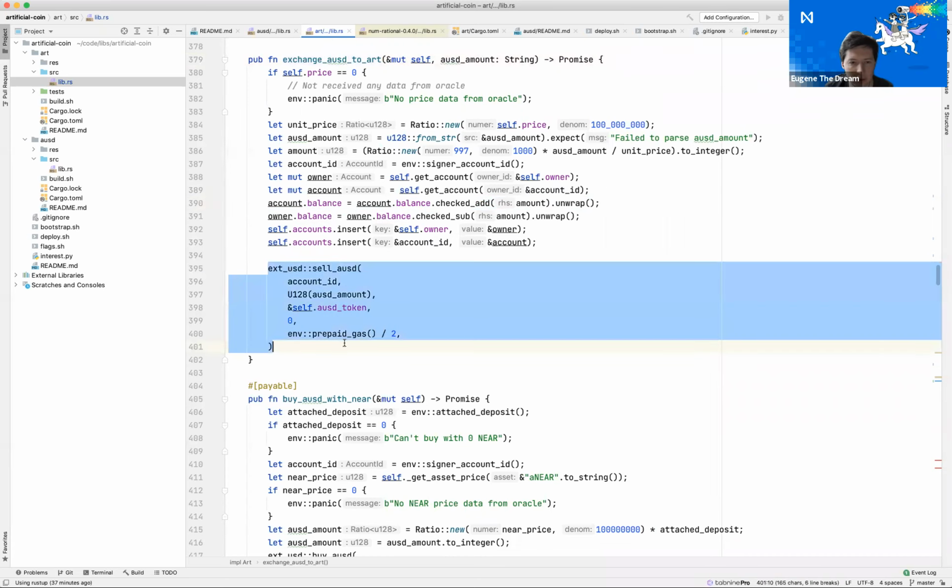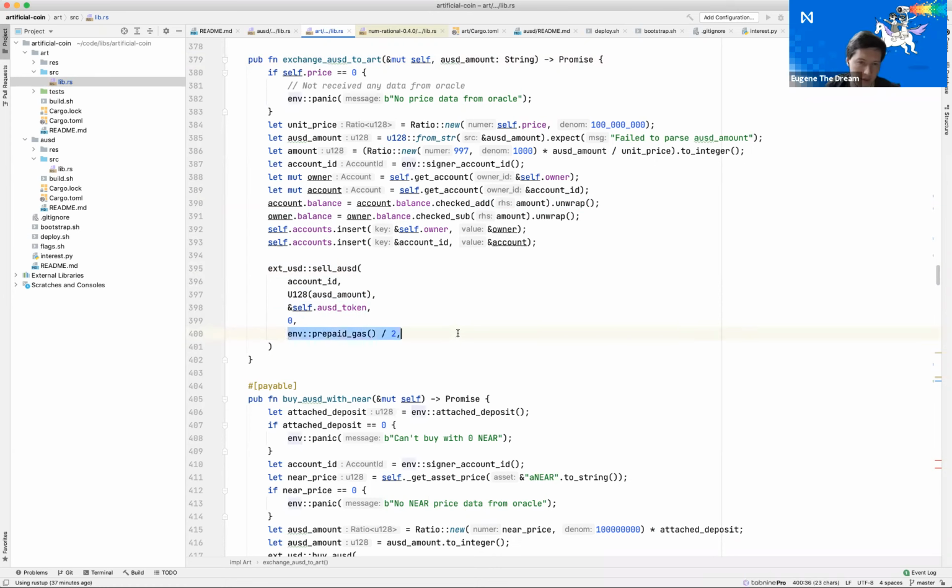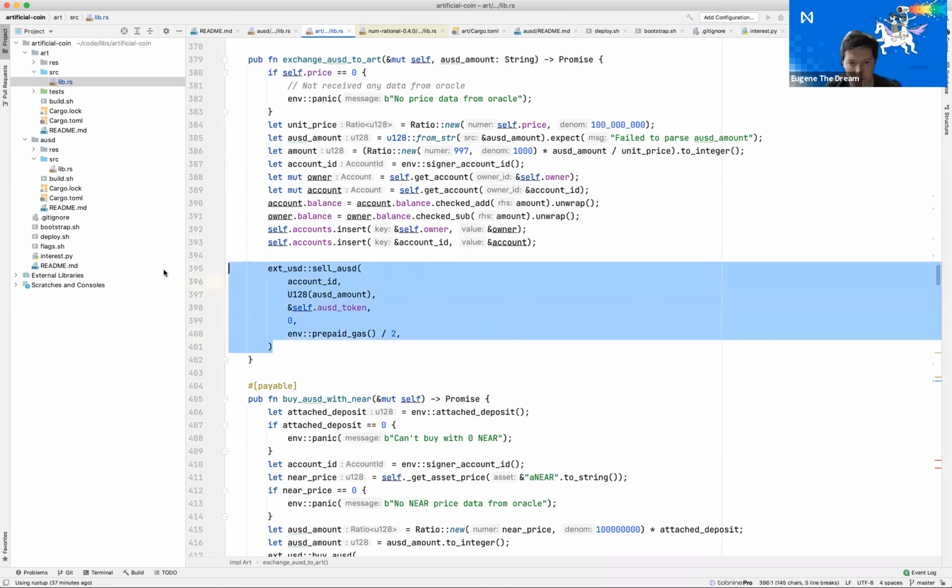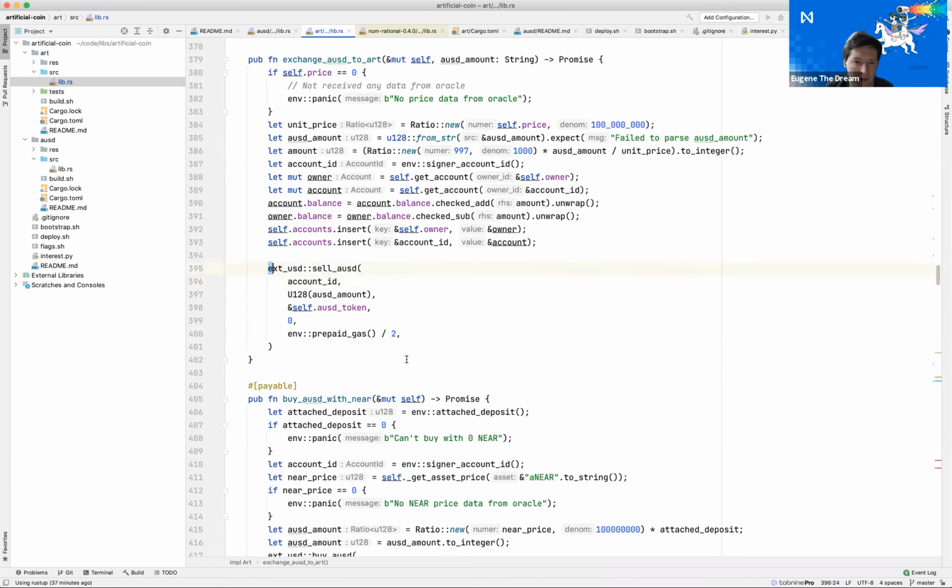So you charge it here, but this one can fail potentially, either because not enough gas is attached or for other reasons. Well, you don't care what this method returns, because this one will not be rolled back.